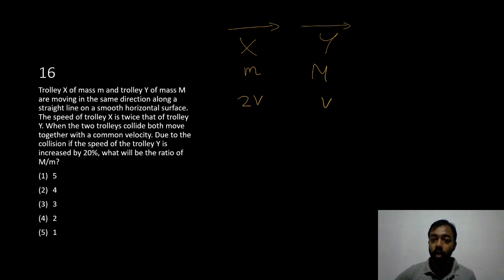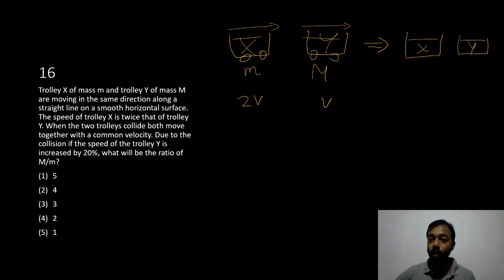That means when a collision happens between these two trolleys, you can see that trolley X is approaching trolley Y as its velocity is greater. When the collision happens, they tend to move with the same final velocity.